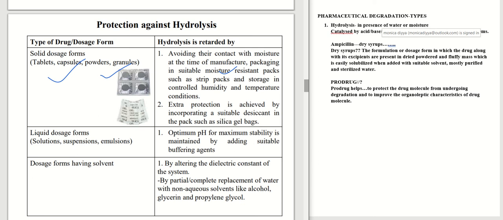There are a few containers which have different closure systems, like different types of lids, which protect the contents from atmospheric moisture. And there are a few dosage forms or carton boxes in which we'll have silica gel bags. These bags will absorb excess moisture present in the surrounding environment.